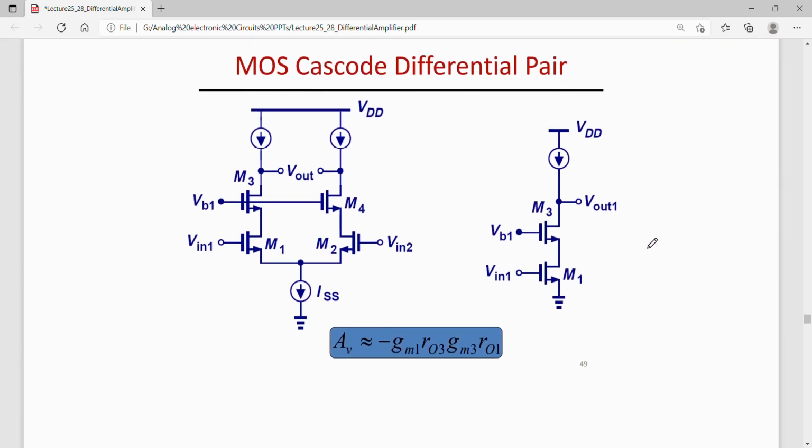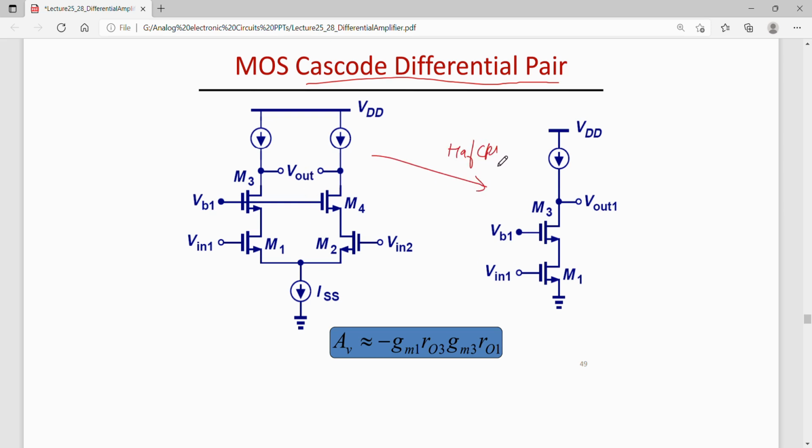Next one can also try to find out the gain of a MOSFET cascode differential pair. So far we have seen BJT based cascode differential pairs. Let us try to find out the gain of a MOSFET cascode differential pair. So the calculation for this also remains similar. Okay. That is, one has to draw the half circuit first.